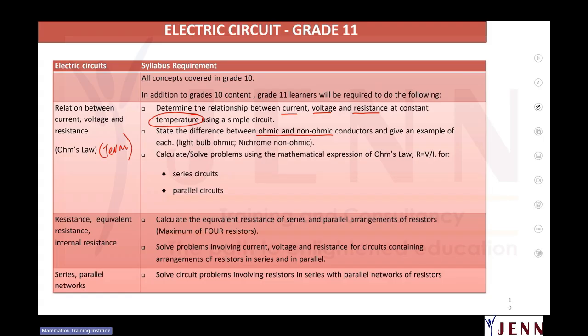Because Ohm's law says that current is directly proportional to potential difference. And it also says that resistance is directly proportional to potential difference. However, he also said current and resistance are inversely proportional. That means if we increase current, we will increase potential difference, provided resistance remains constant.